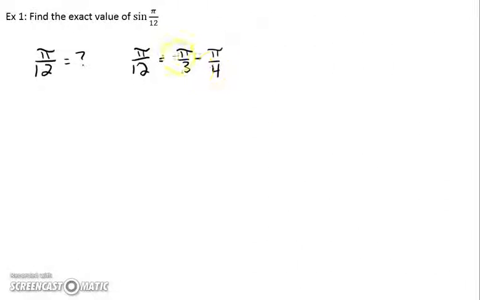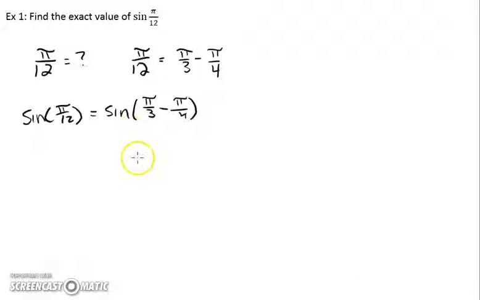Now if you want to take the time, get your common denominator, this would be 4 pi over 12, this would be 3 pi over 12, so 4 pi over 12 minus 3 pi over 12 is just 1 pi over 12. So when we see the sine of pi over 12, we can rewrite that as sine of pi over 3 minus pi over 4. And now we have a difference formula.